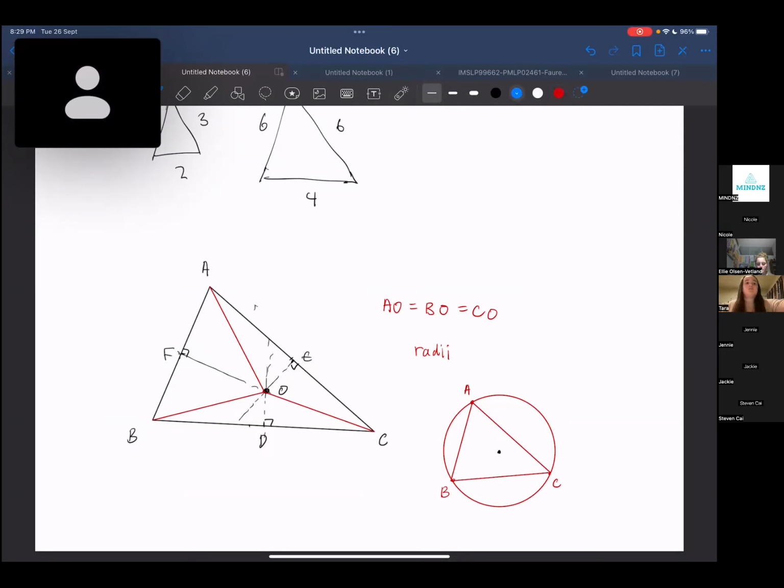Then AO, BO, and CO, every single one is a radius of the circle. Do we kind of see how this works?